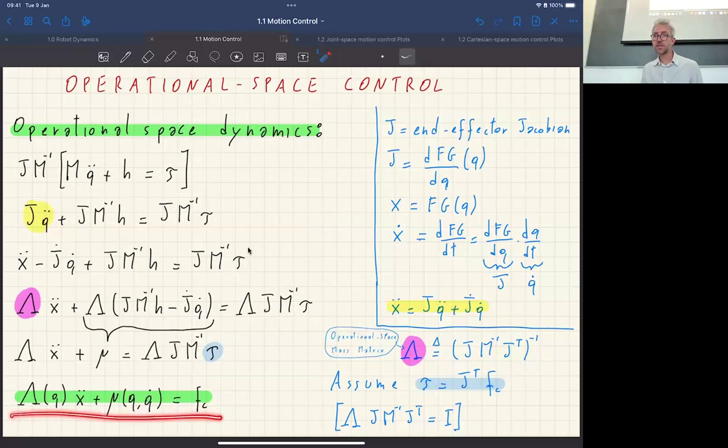Now that I have the dynamics expressed in Cartesian space, it's going to be pretty straightforward to design the controller, because I can do the controller exactly in the same way we saw for joint space. In particular, I'm going to replicate what we did with the inverse dynamics control in joint space. I'm going to do it here now for operational space. So remember that expression, because I'm going to use that in the next slide.